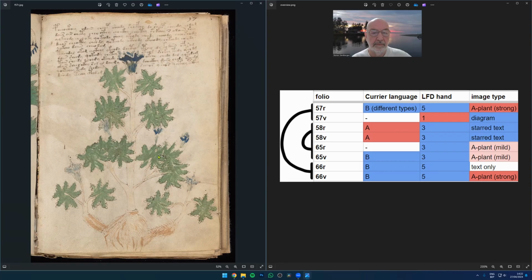So an A plant this strong with supposed B language, as on this folio. And this folio happens to be a rare scribe and inconsistent in its language use. So yeah, there's a lot going on here. We don't know why, but I'm sure it's important in some way, which we might find out later.